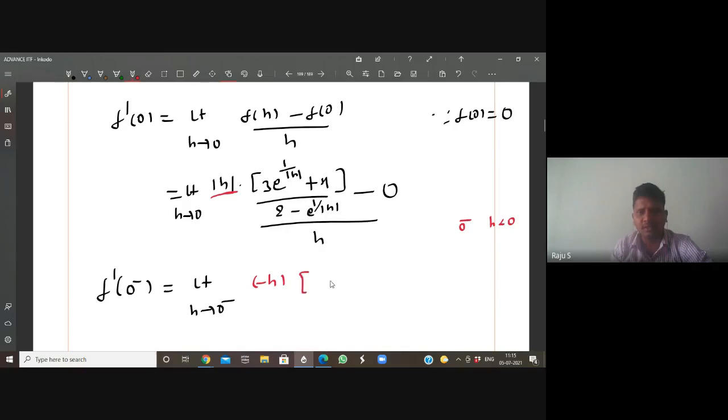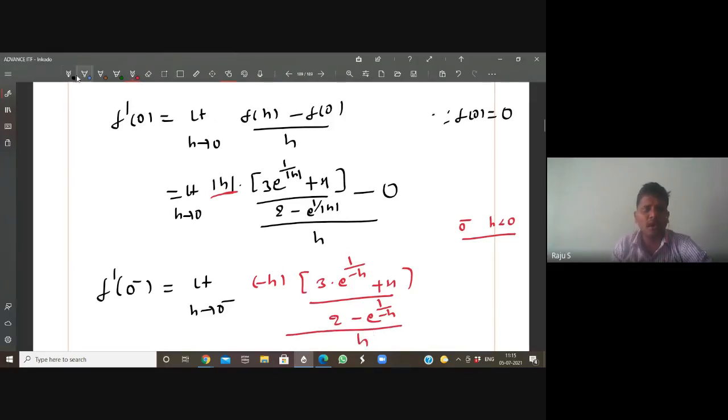Am I right? Then 3 times e to the power of 1 by minus h, plus 4, divided by 2 minus e to the power of 1 by minus h. Just replace modulus h by minus h because h is lesser than 0, all divided by h.